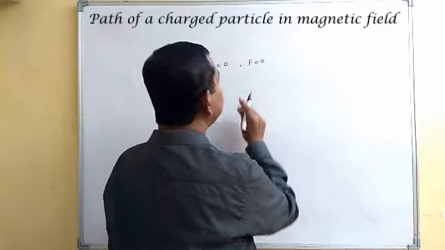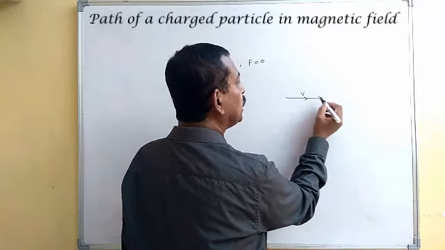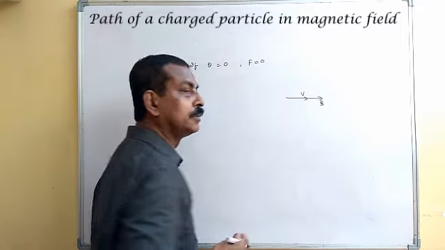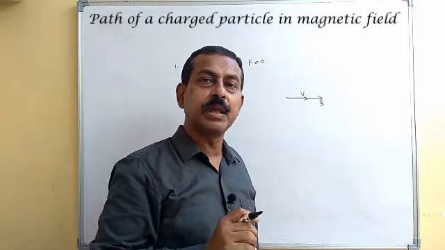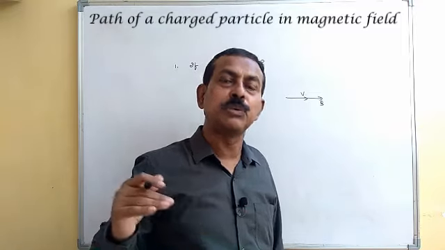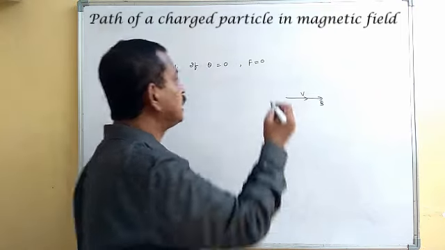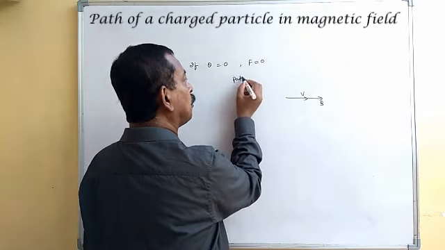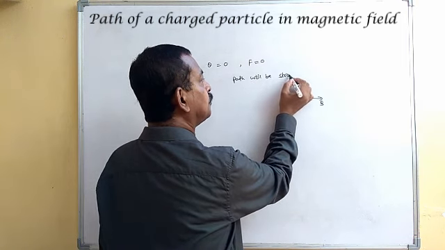That means if a charged particle is moving in the direction of the magnetic field, it will not experience any force. And if it does not experience any force, it will continue to move with its own velocity. That means here the path will be a straight line.